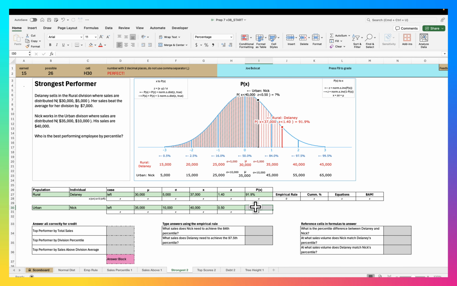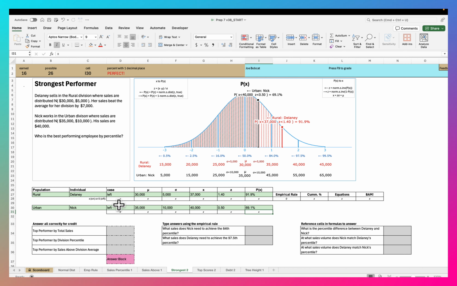And then his probability is going to be equal to NORM.S.DIST(z, TRUE). All right. So you can see here, they're both looking left. There's Delaney's distribution, and then Nick's distribution is black. And so you can see they overlap, and you get the red and black interlacing here.